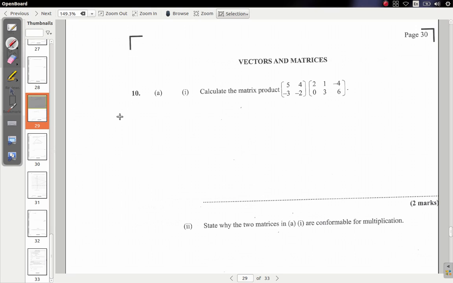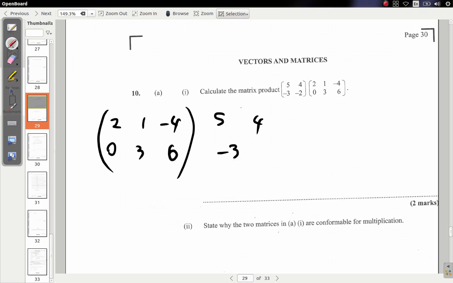You see, if you did have 2, 1, negative 4, 0, 3, 6 multiplied by 5, 4, negative 3, negative 2, what would have happened is this.